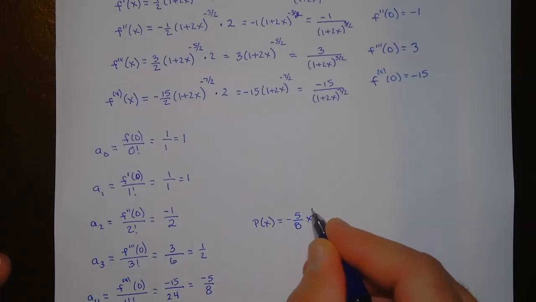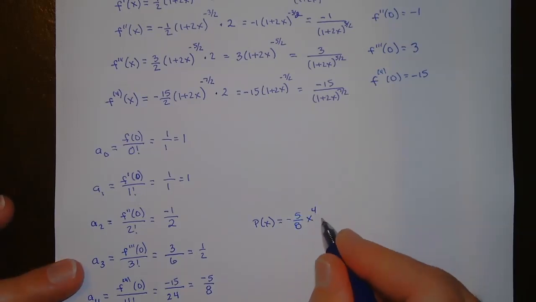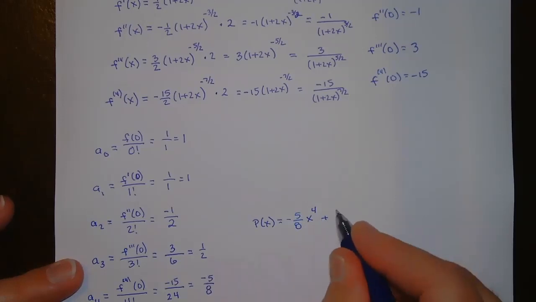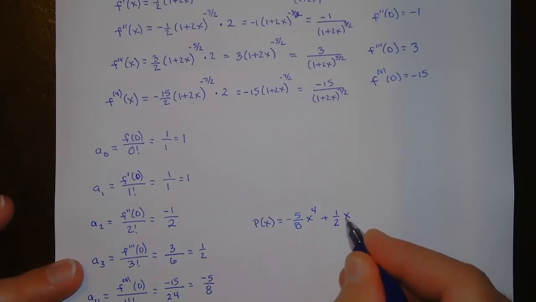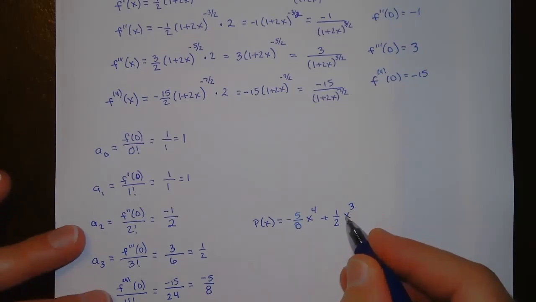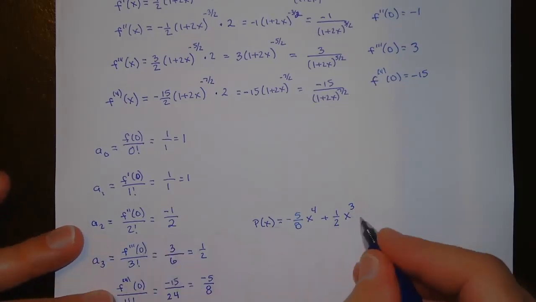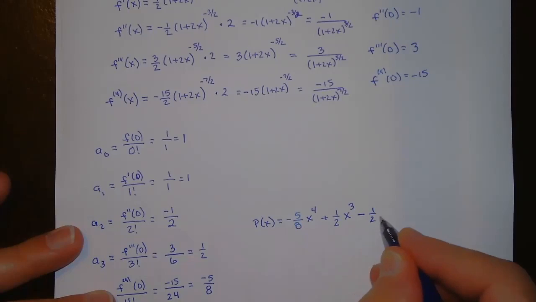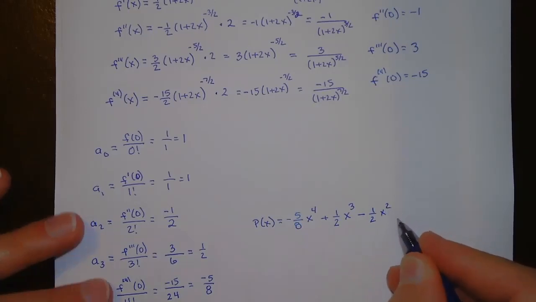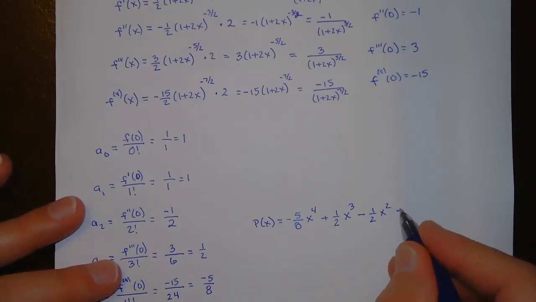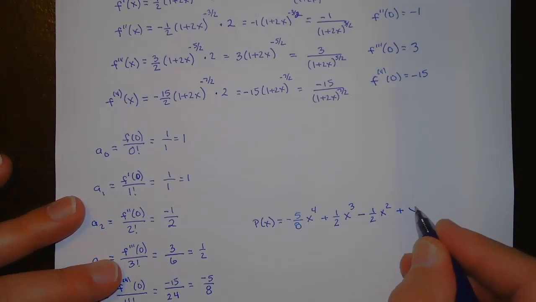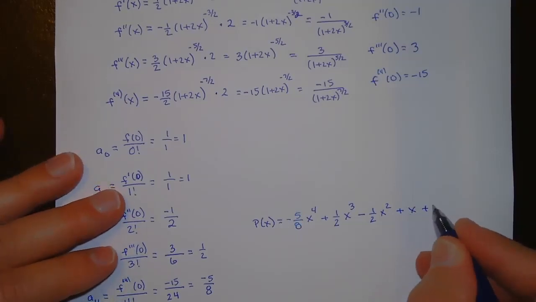x to the fourth, and then plus, because it's positive 1/2 x cubed, and then a sub 2 is negative 1/2, so I'm going to write minus 1/2 x squared, and then a sub 1 is 1, so that just be plus 1x, or just x, and then plus 1.